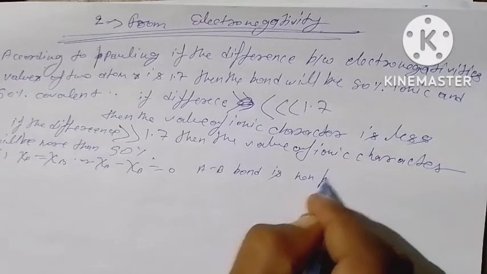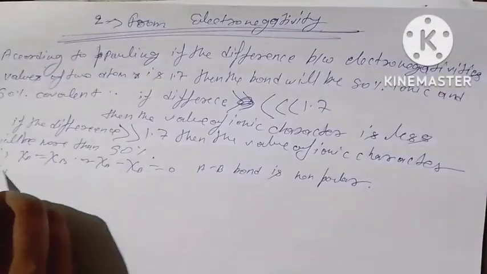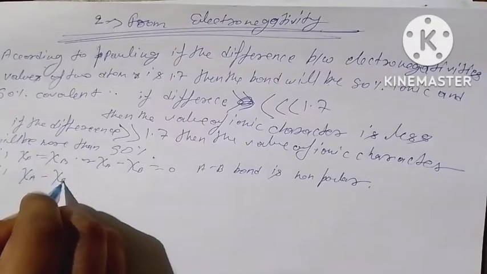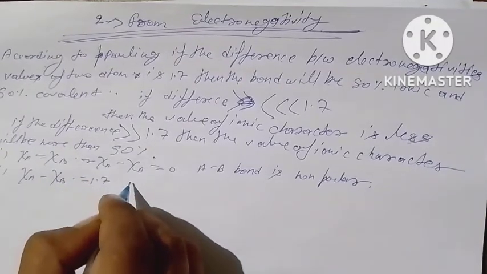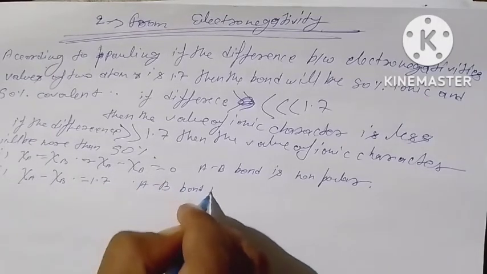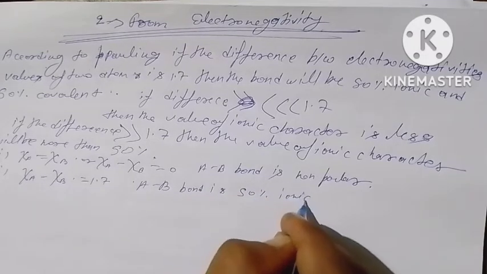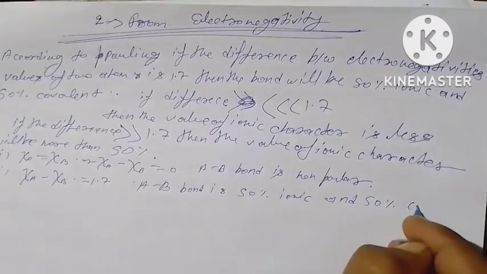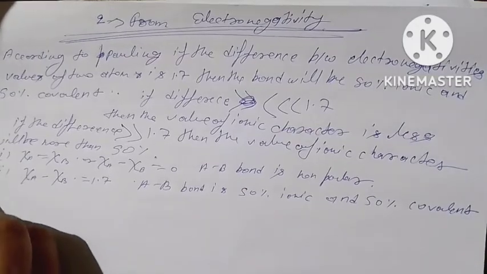Second point, when chi A minus chi B is 1.7, then the AB bond is 50% ionic and 50% covalent.